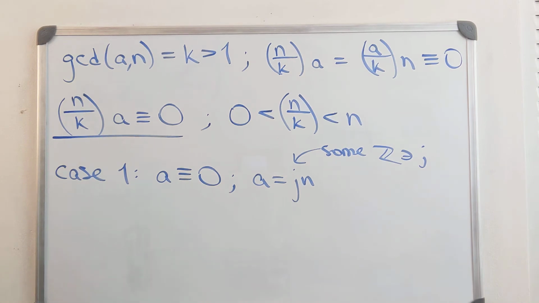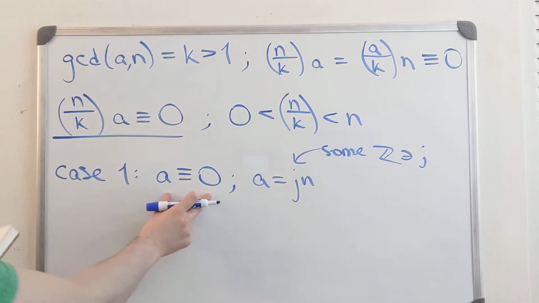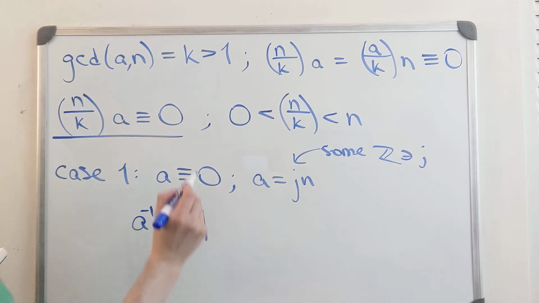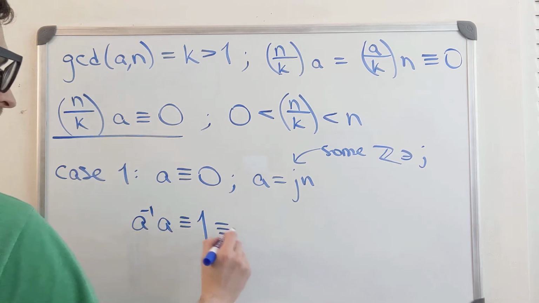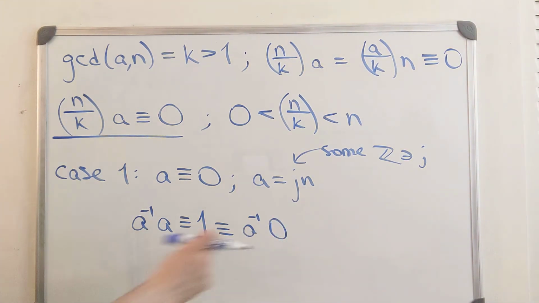In fact, we don't even need that. If a had a reciprocal and was 0 mod n, then I would be able to write a inverse a has to equal 1, but that also has to equal a inverse 0. And of course, anything times 0 is 0.